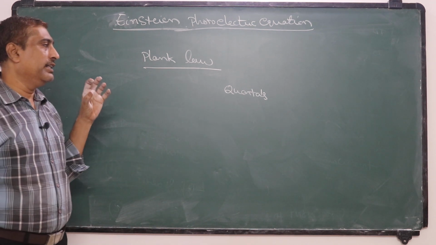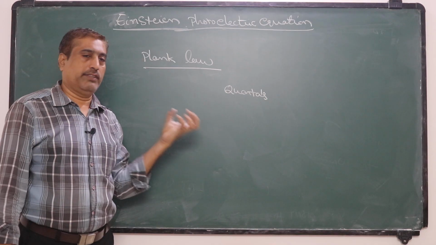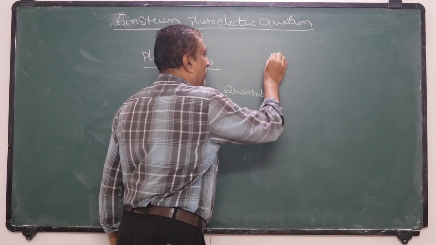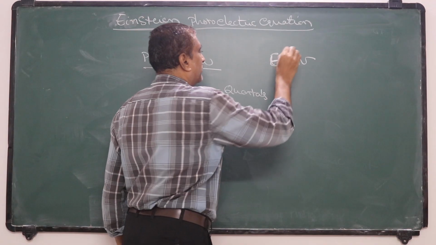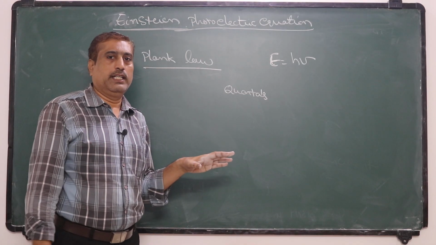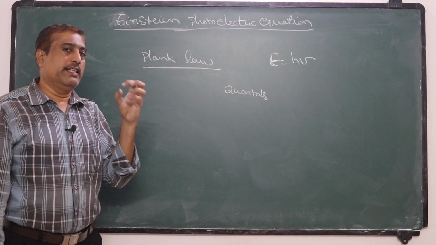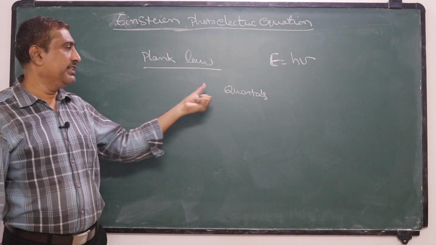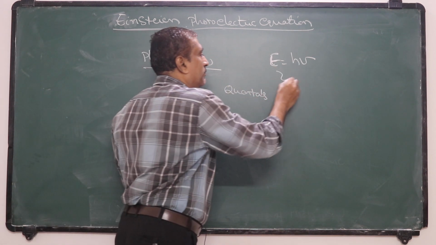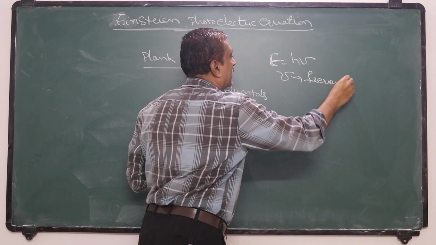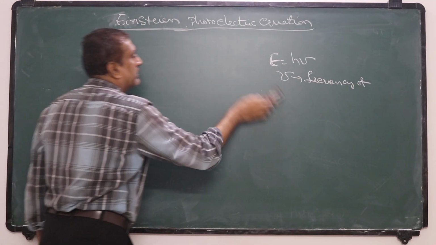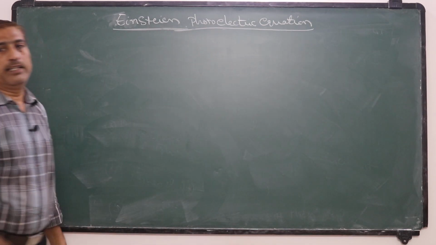That means energy is liberated in discrete packets of energy called quanta, and the energy of a quantum is equal to h nu, where nu is the frequency of the radiation.